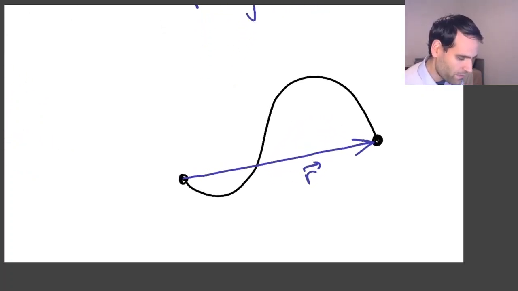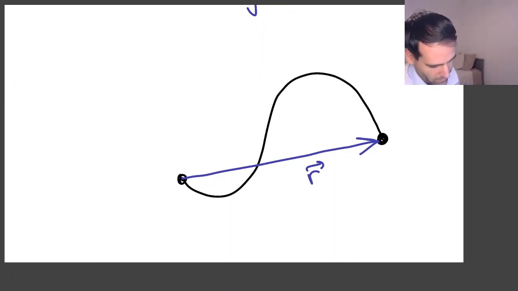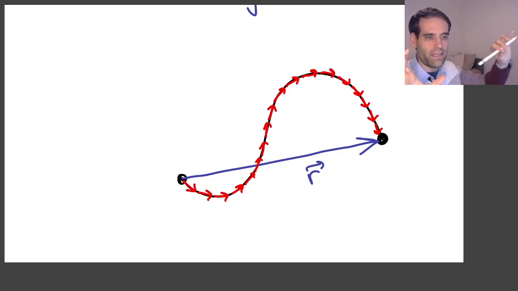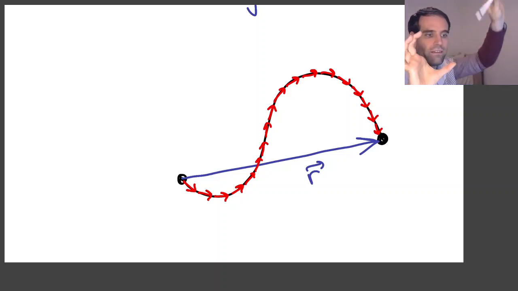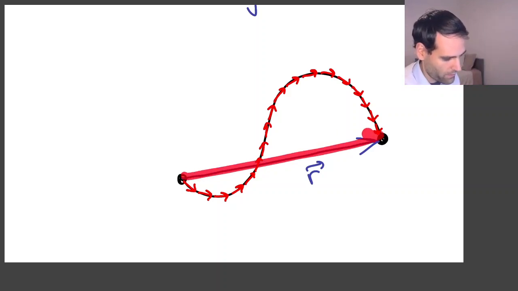But this displacement here is just the addition of all of the infinite displacements. So you have to add the displacement here, plus the displacement here, plus the displacement here. So you add all of these little arrows. Each of these little arrows is a vector, which means that when you are adding vectors, you have to put the tail of one vector on the head of the other, and you have to add them that way, right? So the addition of all these vectors is equal to the vector r.